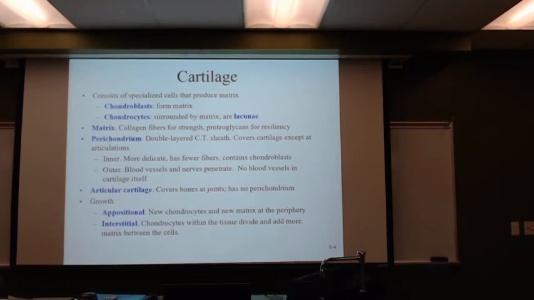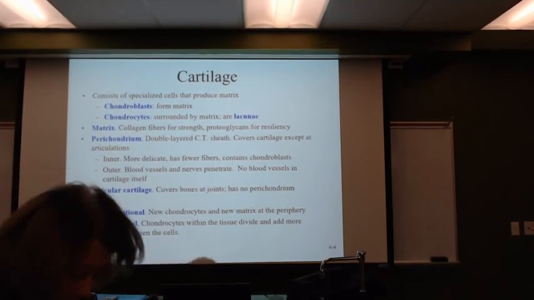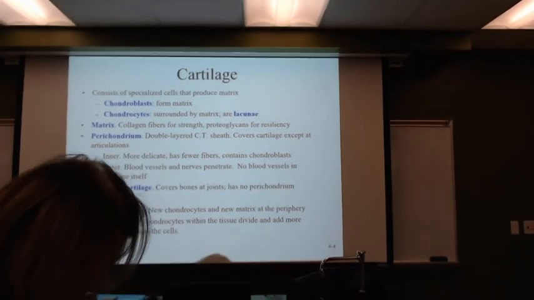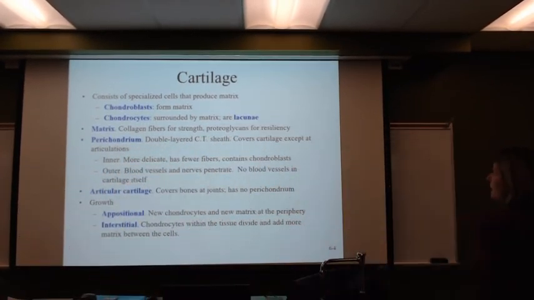Did we talk about the types of cells? A blast, a cyte, a clast? Okay. So one of the things about cartilage, anytime you hear the term chondro, you're going to think about cartilage. So therefore, the immature cell, which will give rise to, is going to be chondroblast.